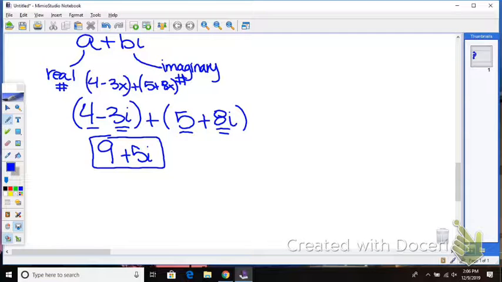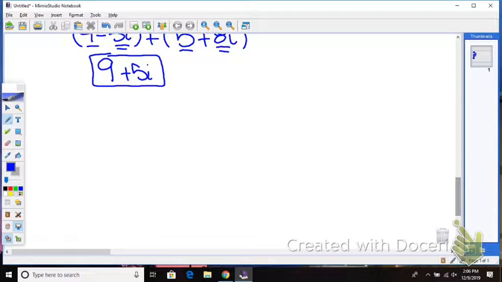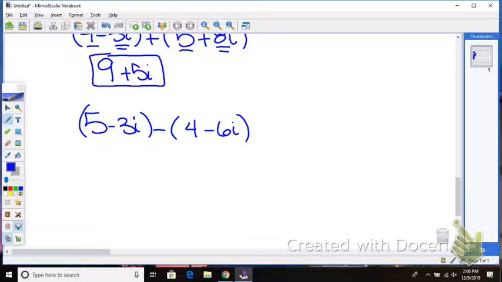Now let's see what we do when we subtract. There's just one extra step. If I have 5 minus 3i minus 4 minus 6i, what does your gut tell you to do with that minus sign? Distribute it.